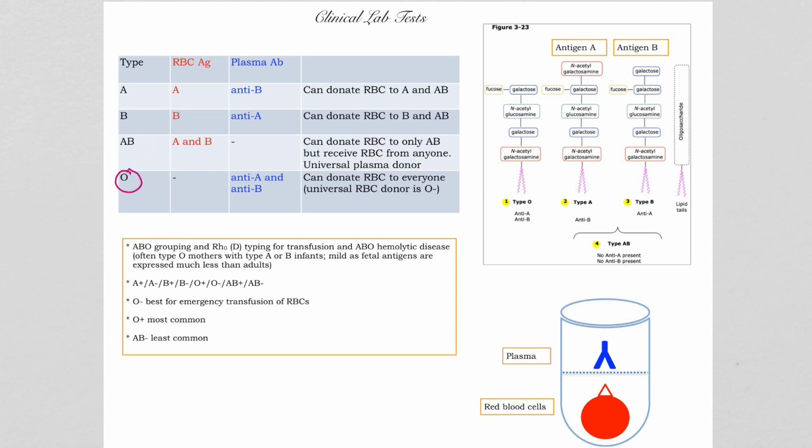Type O can donate their red blood cells to everyone because they do not have the A antigen and they do not have the B antigen. So type O are the universal RBC donors.